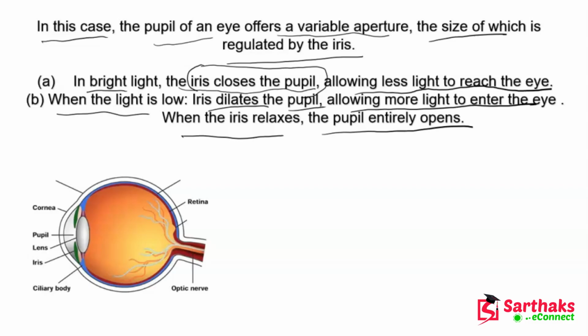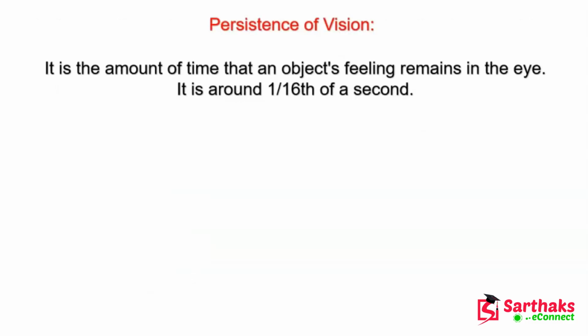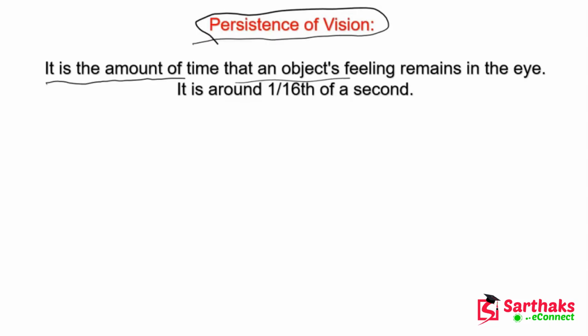Now let's move ahead. Persistence of vision. Let's talk about what persistence of vision is. Persistence of vision is the amount of time that an object's feeling remains in the eye. It is around 1 upon 16th of a second. Basically, if you see an object, for how long you can feel that object in your eyes is the persistence of vision.